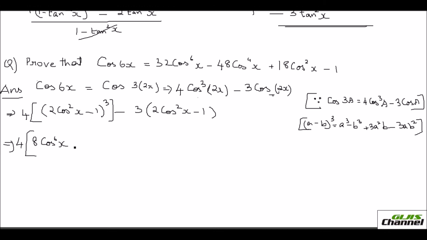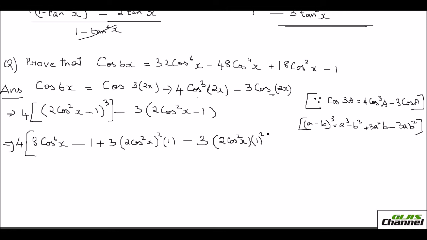Then minus b cube. B cube is 1 cube, so I can write it as 1. Plus 3 times a squared. A squared is 2 cos square x the whole square, times 1, that's the b, minus 3 times 2 cos square x times 1 squared.